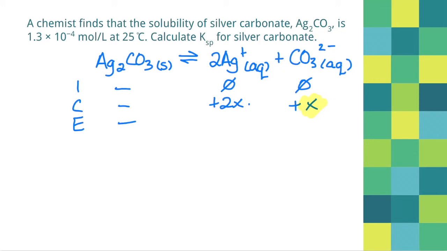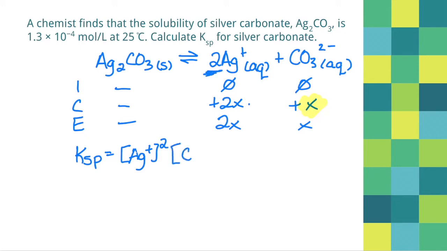And then to get our equilibrium expressions, we're just adding up our I and our C columns. So for silver, it's going to be 2x, and for carbonate, it's going to be x. Our next step then is to come up with a Ksp expression. So Ksp is equal to our silver ions, and we need to square that because of the 2 here, times our carbonate ions.